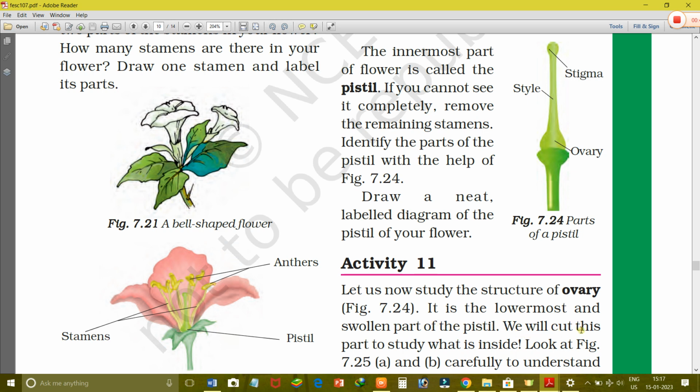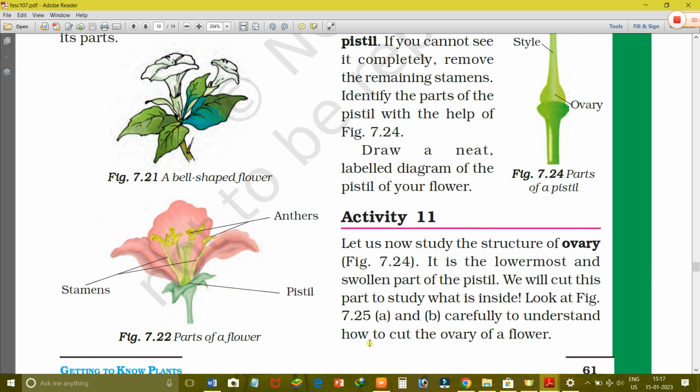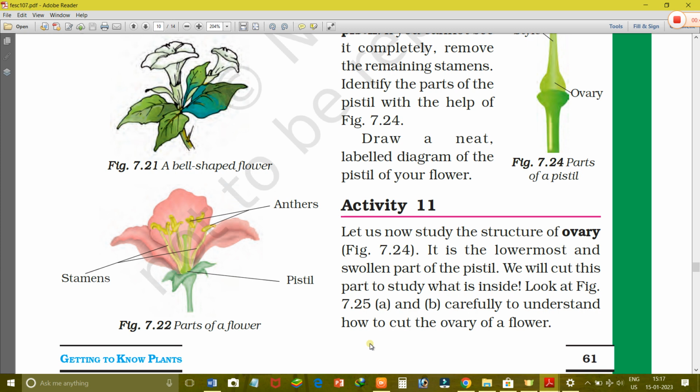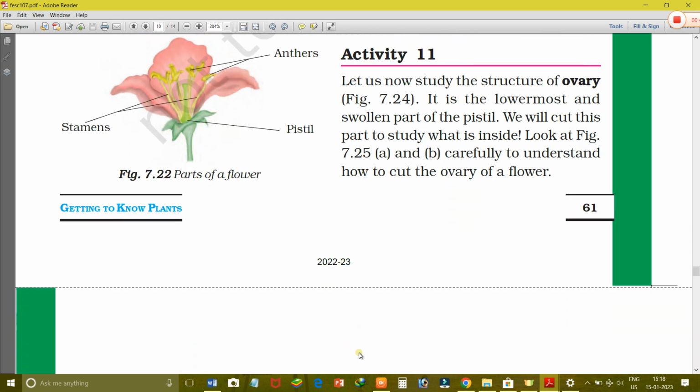We will cut this part to study what is inside. Look at figure 7.25a and be careful to understand how to cut the ovary of a flower.